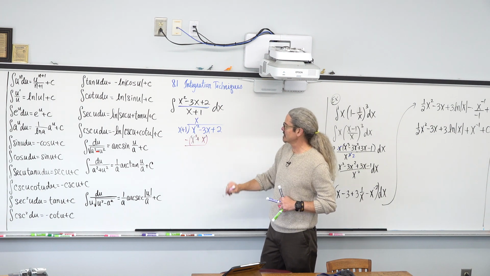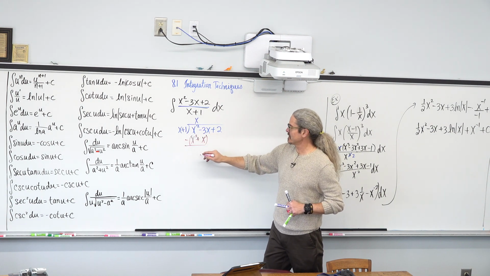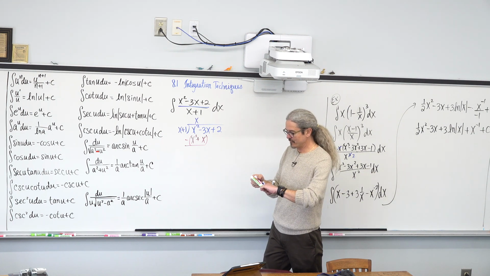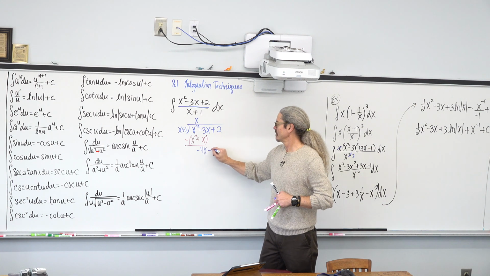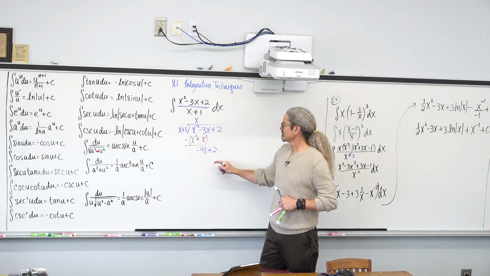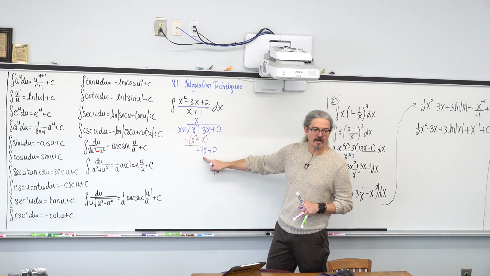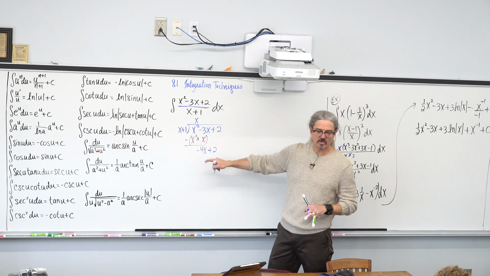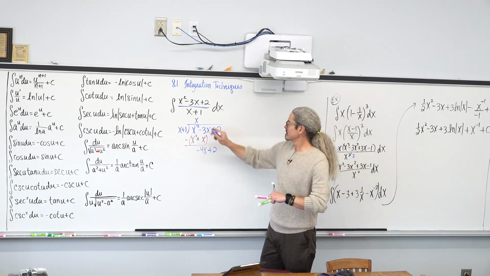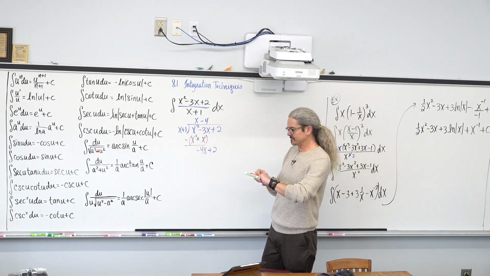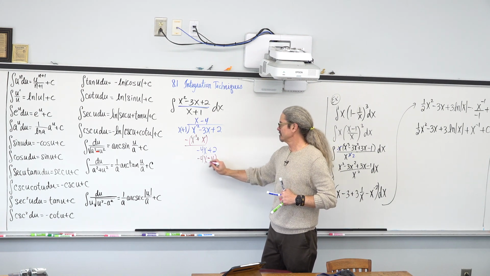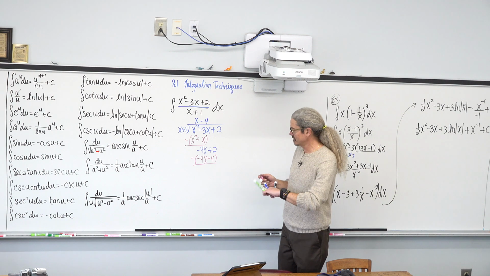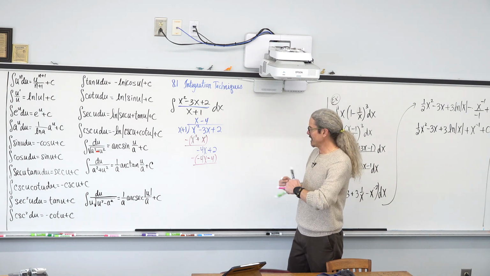Do that subtraction, and we have negative 3 minus 1 is negative 4x, plus 2. How do we get x to be negative 4x? Multiply by negative 4, obviously. So multiply by negative 4, and we get negative 4x minus 4. Do that subtraction, and we ultimately get a remainder of 6.